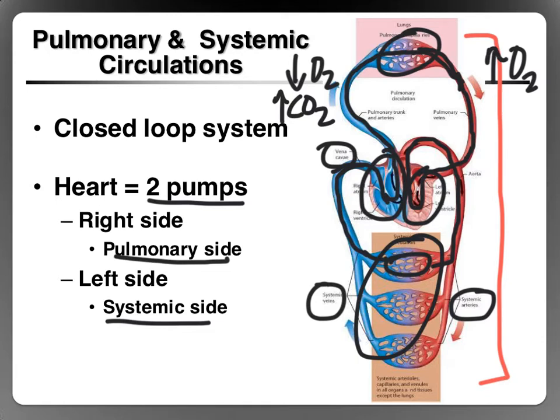And as the blood goes through the lungs, we lose the CO2, we gain some oxygen, so that when we head back to the heart through the pulmonary veins, we have a relatively high amount of oxygen and a relatively low amount of CO2. Okay, we don't drop off all of our CO2. There's still going to be some CO2 in the blood coming back to the heart, but it's relatively low.